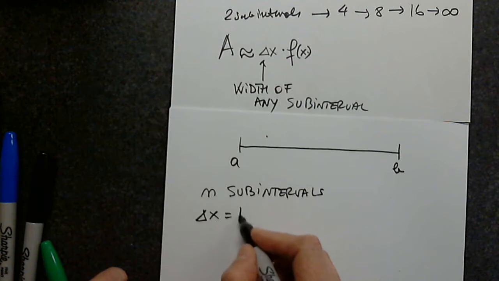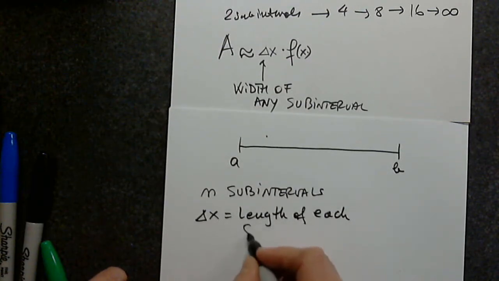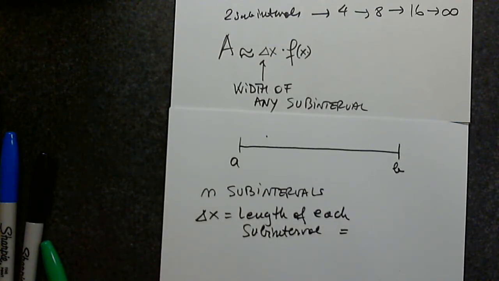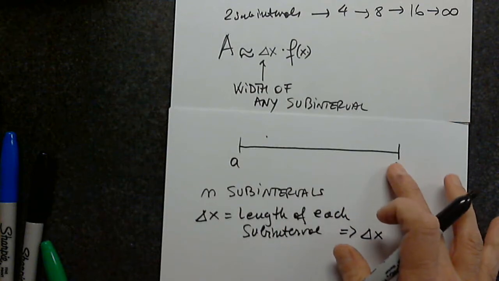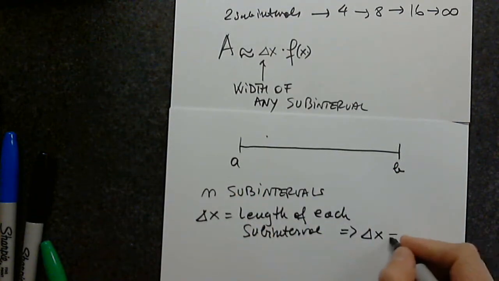Delta x is the length of each subinterval. Can anyone tell us how much delta x should be, if I divvy up the interval between a and b?